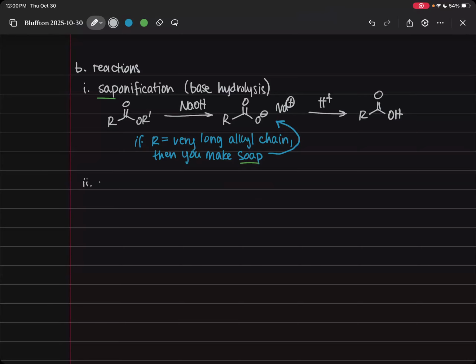The second reaction is acid hydrolysis. Well, we just talked about that. That's just the reverse of the Fischer esterification reaction.